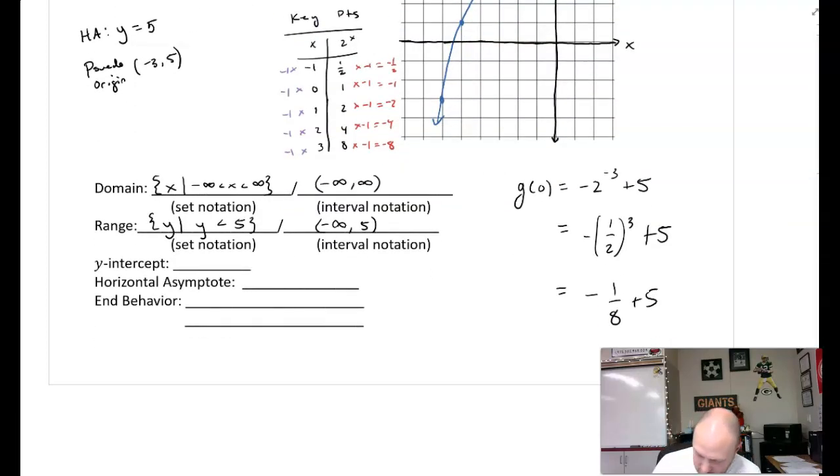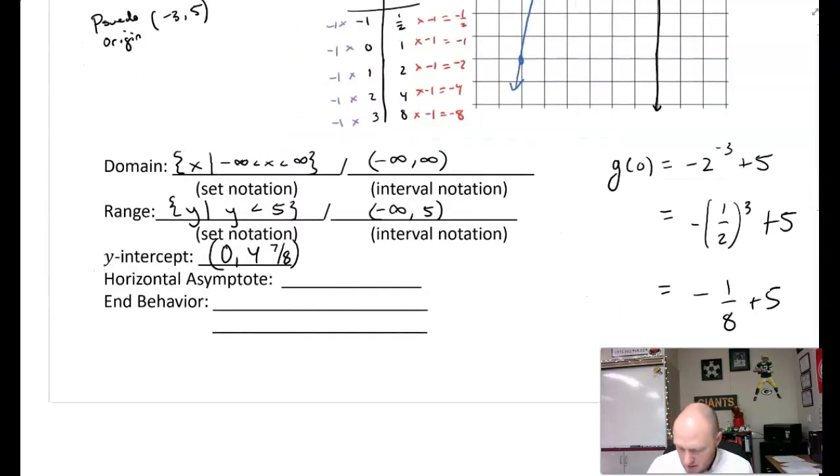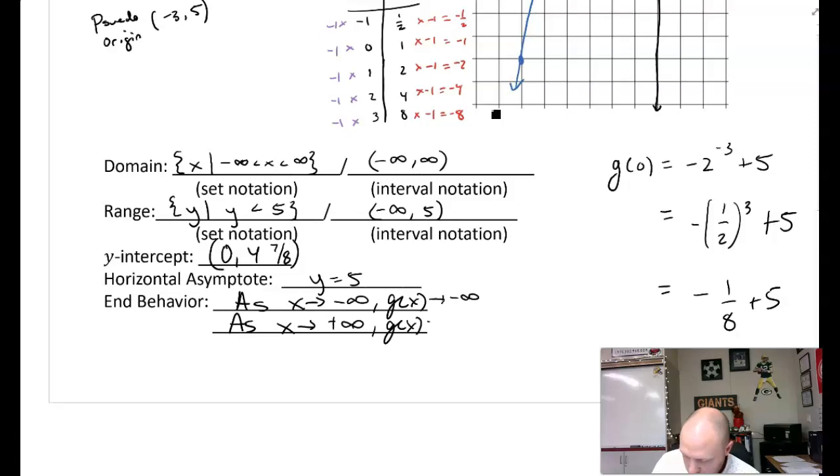So we get 4 7/8. So 0, 4 7/8. All right, just taking away 1/8 from 5. Horizontal asymptote again was 5. As x goes to -infinity, our function values are going to -infinity. And then as x goes to +infinity, our function is approaching 5, the horizontal asymptote.